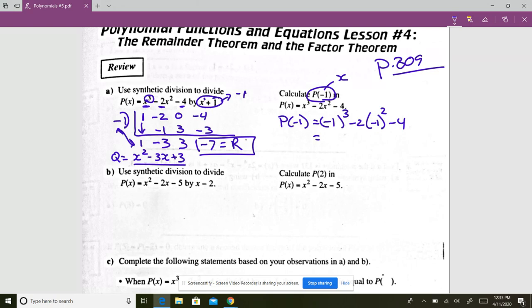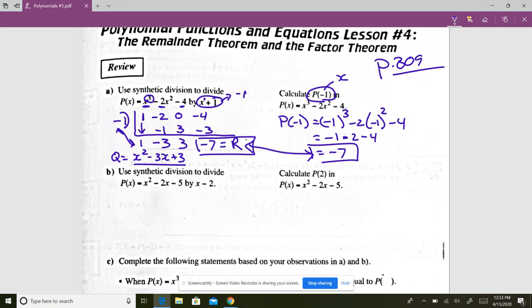Remember to bracket everything, especially when you're putting in a negative, because negative 1 cubed is negative 1. Negative 1 squared is 1, times negative 2 is negative 2, and minus 4. Negative 1 minus 2 is negative 3, minus 4 is negative 7. What do you notice? It's the same as that.